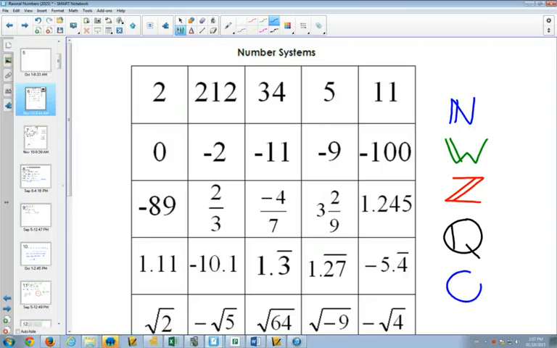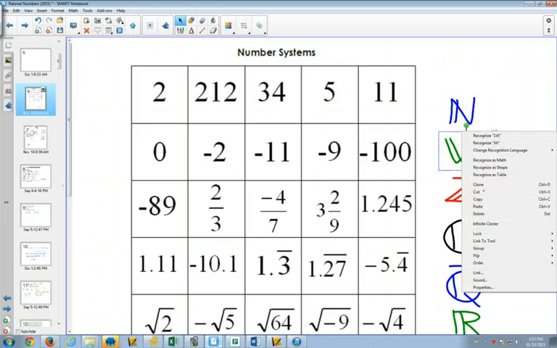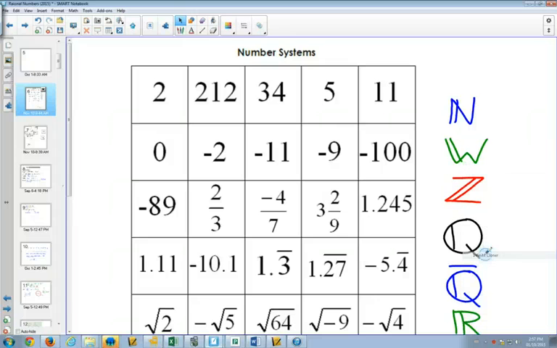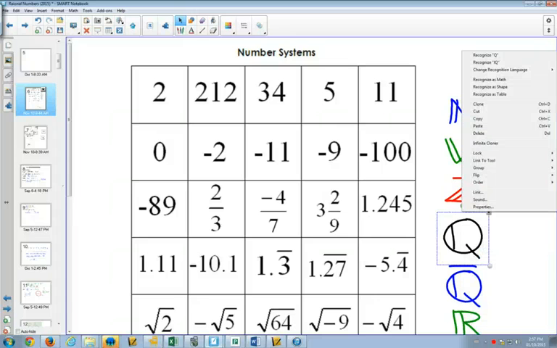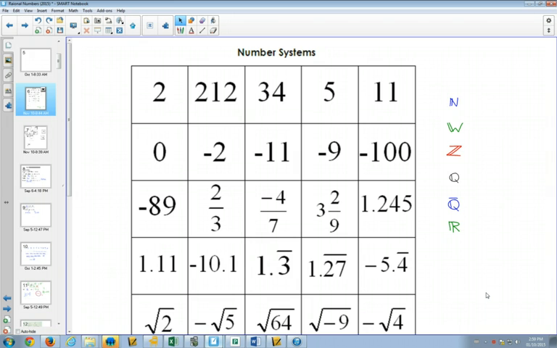Then irrational numbers. And finally, real numbers. I'll show you in a second. Maybe I want to do something else. I'll make them all smaller. So pick one color, and what I'd like you to do is find all the natural numbers and color them the same.